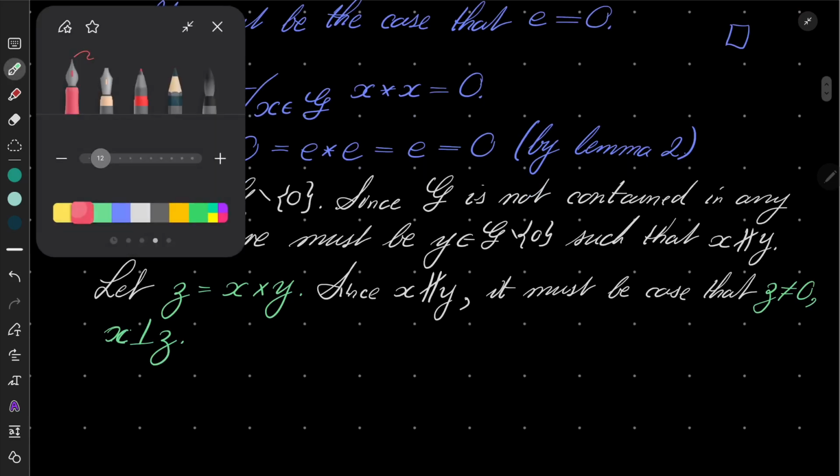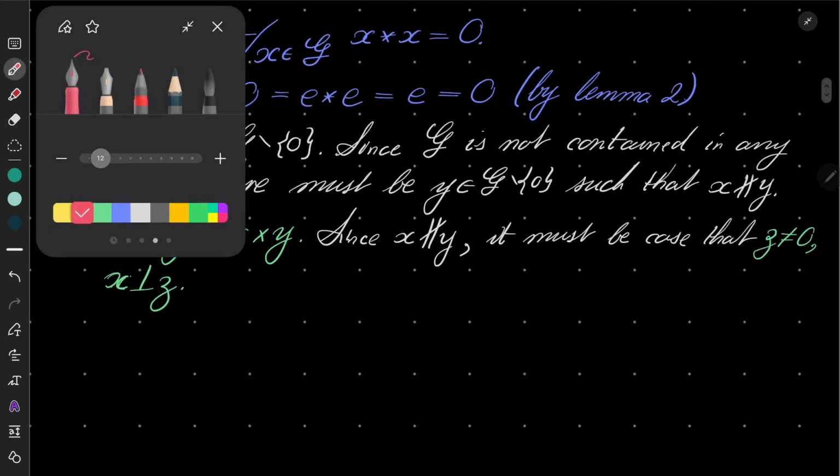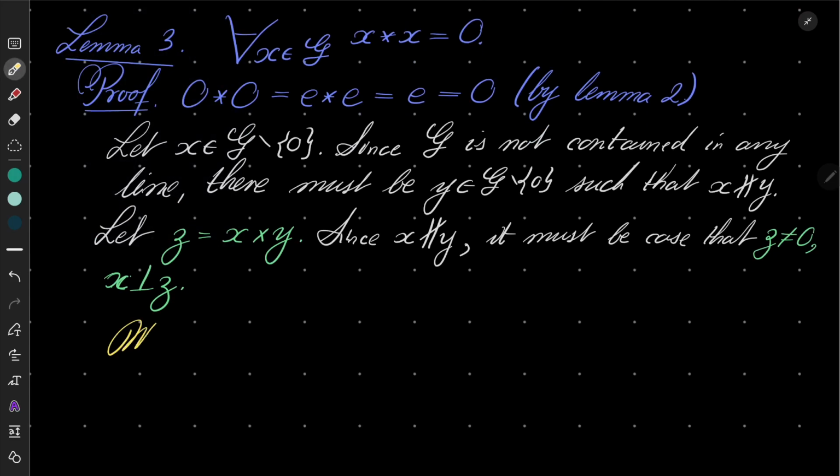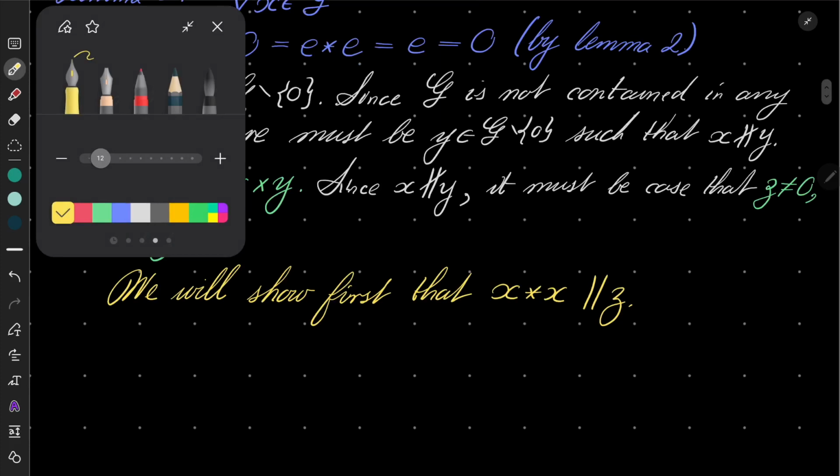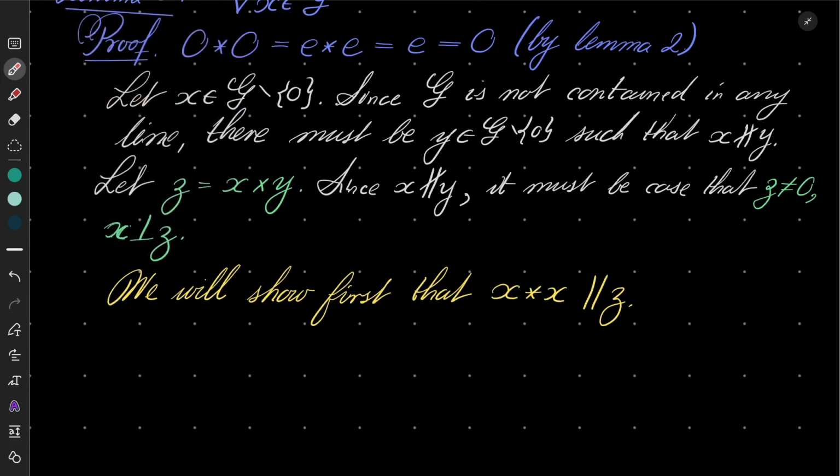And we will show first that X star X must be parallel to Z. How can I prove it? Well, suppose now to the contrary that it's not the case.